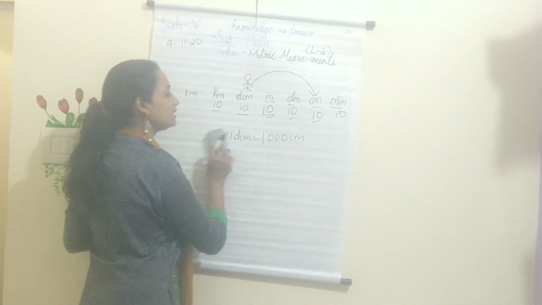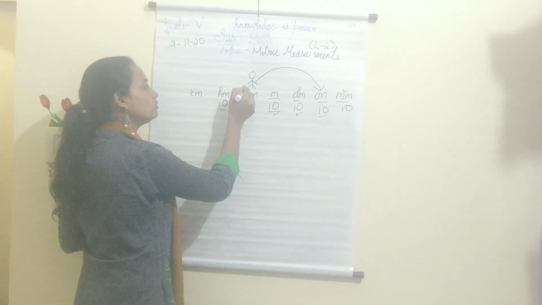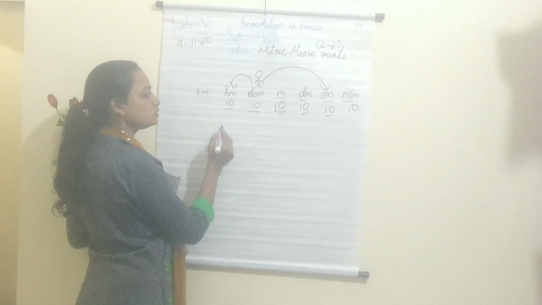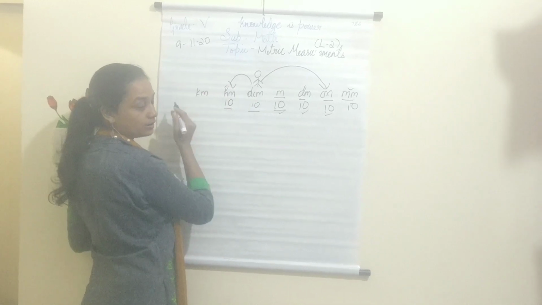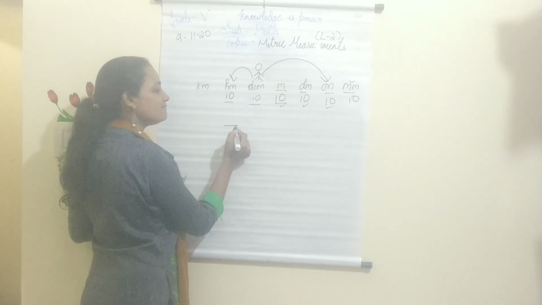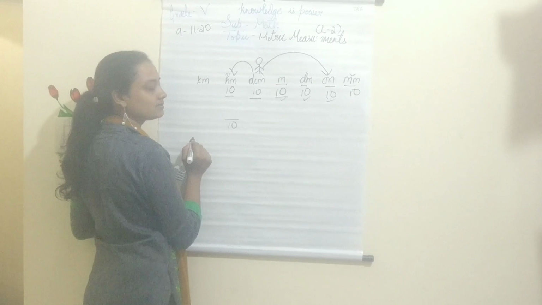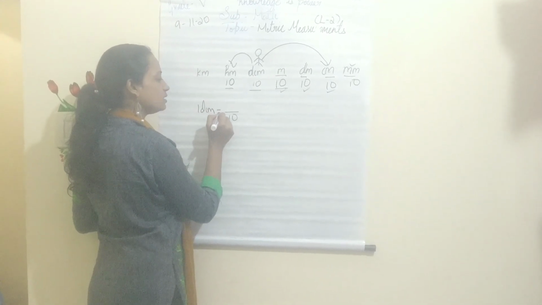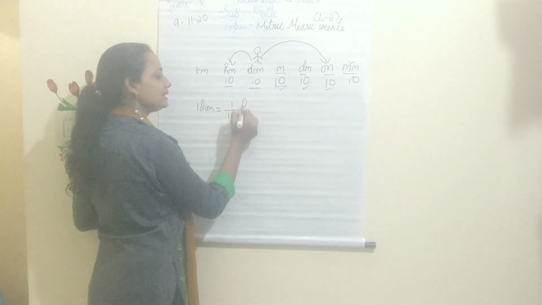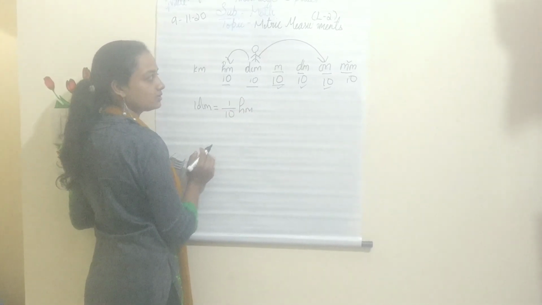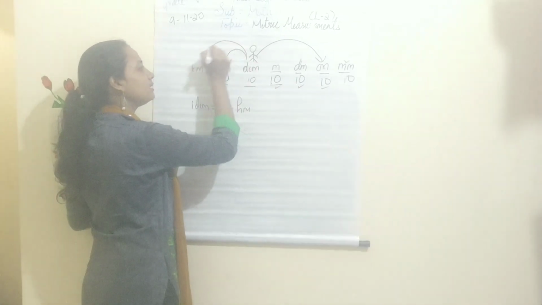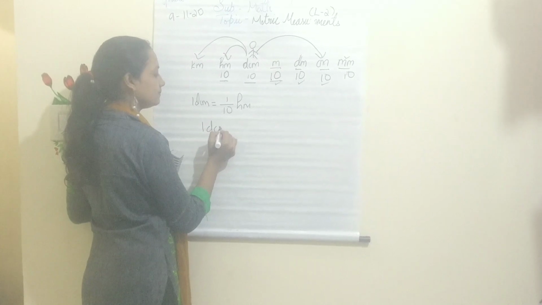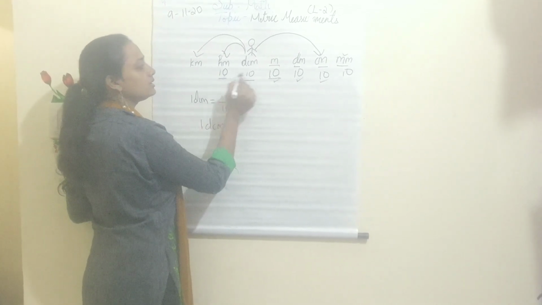When I go to my left side, I go back to HM now. DCM to HM. I am going backward now, right? So I should divide by this 10. So 1 DCM will be equal to 1 by 10 HM. Similarly, when I jump to kilometers from here, 1 DCM will be 10 into 10, which is 100, right?